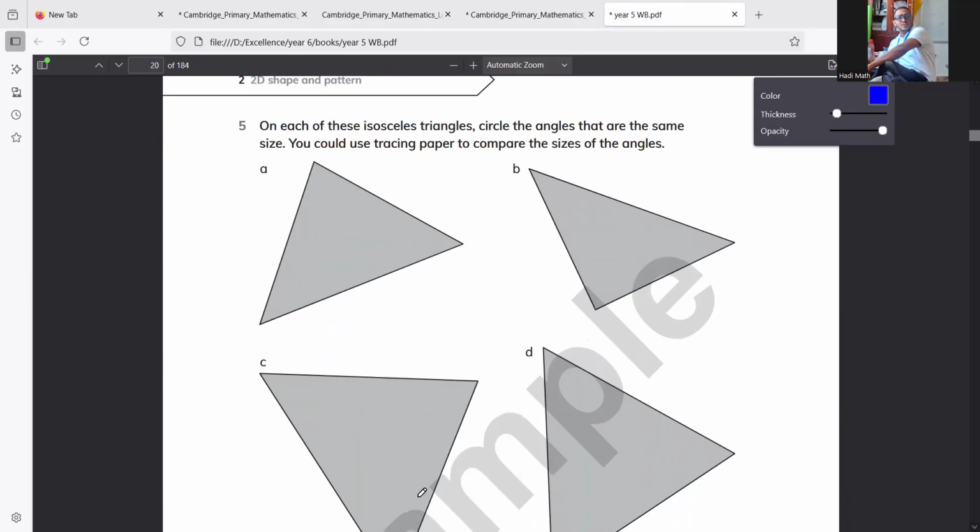Number 5, they say on each of these isosceles triangles, circle the angles that are the same size. You could use tracing paper to compare. First of all, you need to know which sides are equal. In this isosceles triangle, which sides are equal? This side is equal to this side.